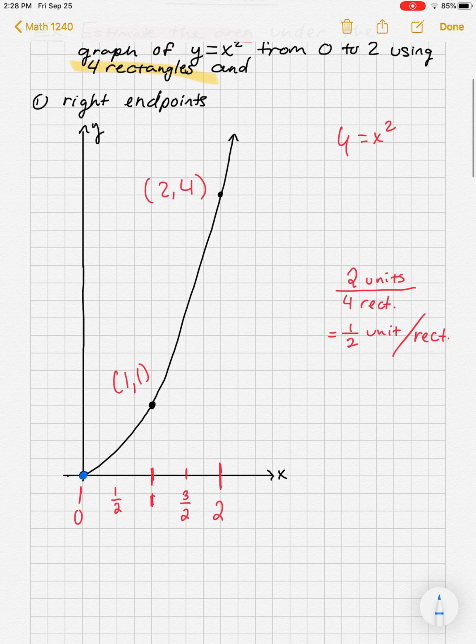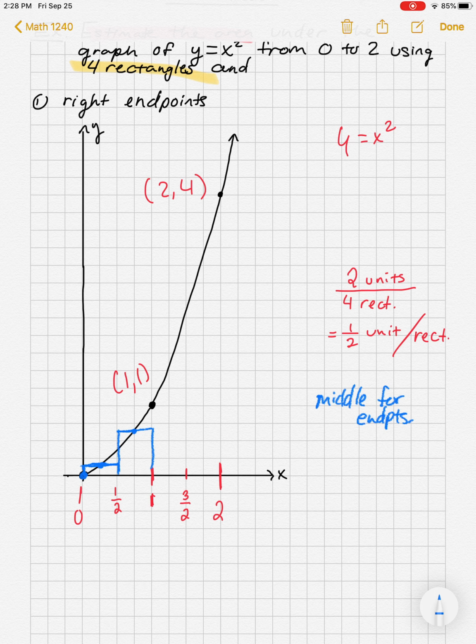So if I chose the middle for the endpoints, that means I'd start in the middle of each rectangle, and I'd take that to be the height. So here's the middle of the next rectangle.